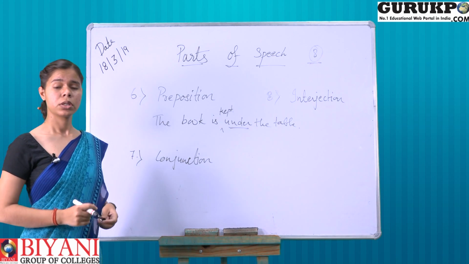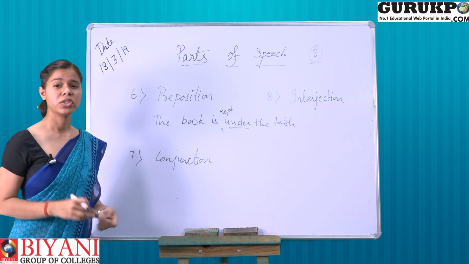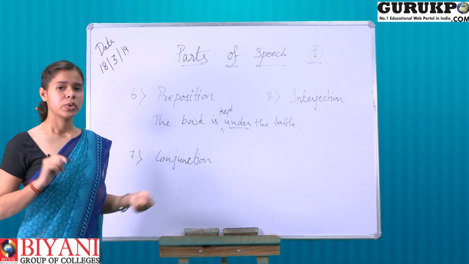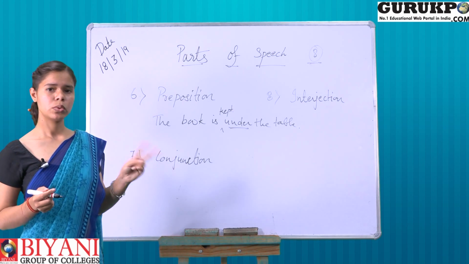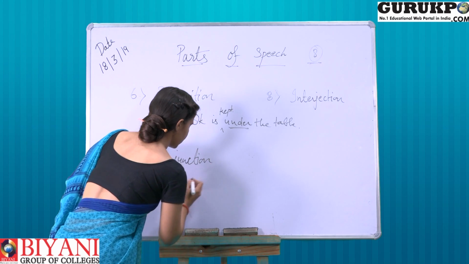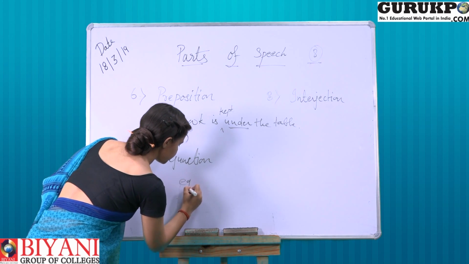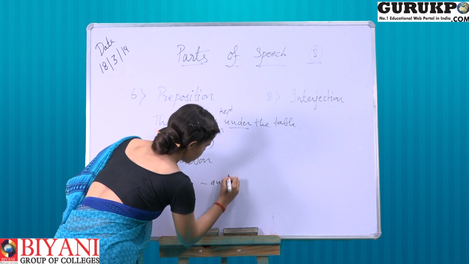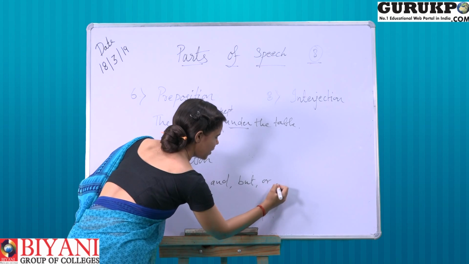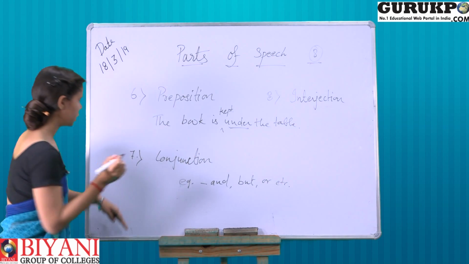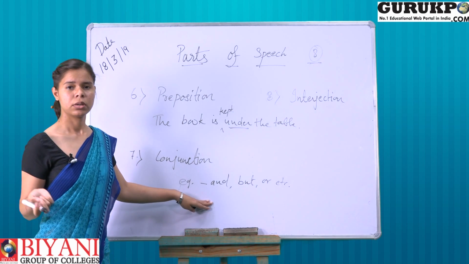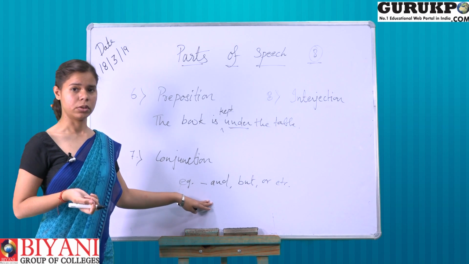Okay, next one is conjunction. What are conjunctions? Conjunctions are the words which are used to join two sentences or two words together. When we join two clauses together, they are conjunctions. Examples are and, but, or, etc. For example, she is eating food, I am doing the work, right?